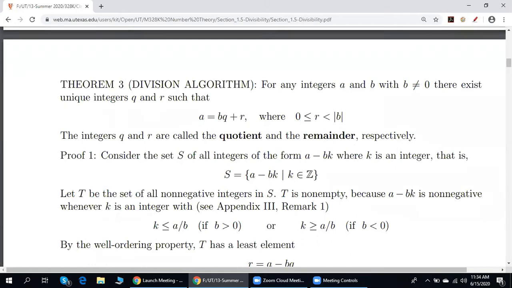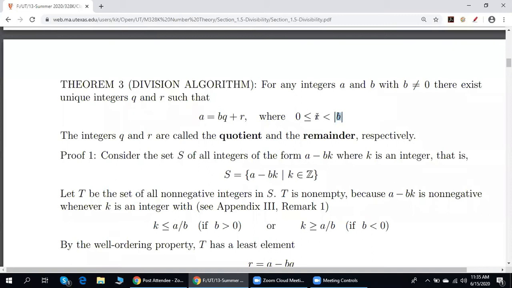Let me give you one really simple example. If B is equal to 2, this theorem says the following. Any integer A can be written uniquely as 2Q plus R, where R is greater or equal to 0 and strictly lesser than the absolute value of 2, which is 2.